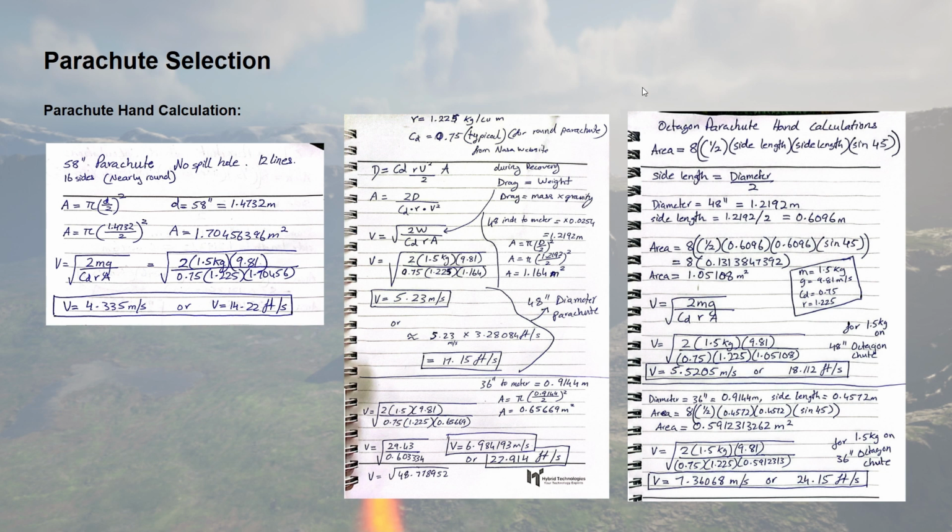So based on all this, we've decided to go for a 48-inch octagon chute, which is nearly a round parachute based on the calculations and the things that we've seen in apogee. So we decided to go for a 48-inch, or 4-foot, parachute for our recovery system.